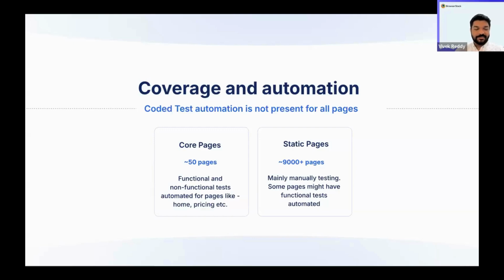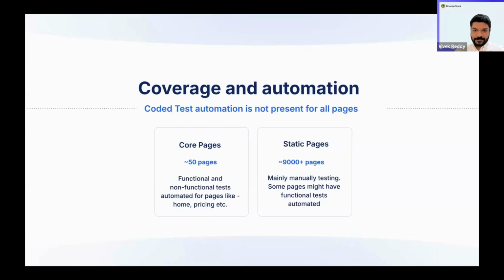We see teams that are completely relying on manual testing, and we even see some teams that are relying on developers for testing these pages. But as your website scales, it becomes very difficult to get a hold of these issues. For functional tests, maybe you can test manually, but a lot of these non-functional issues become really difficult to test.